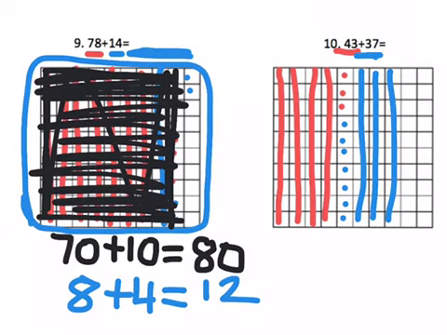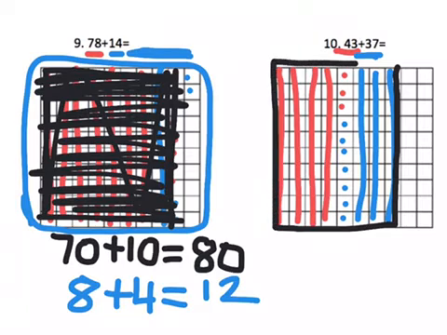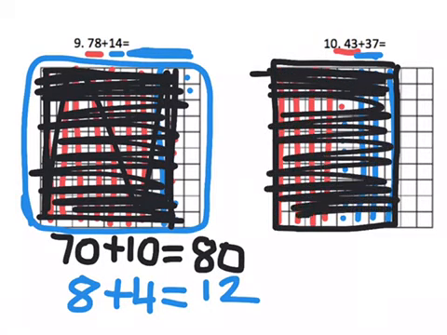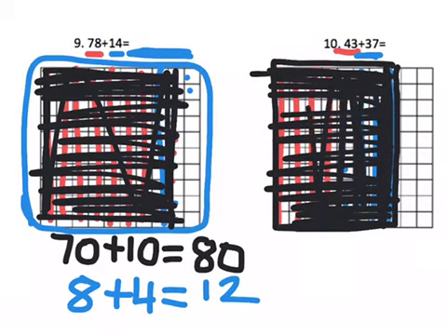And then if I go back and think about or look at what that represents on the 100 chart, I wonder what my answer would be. Write your answer in the blank.